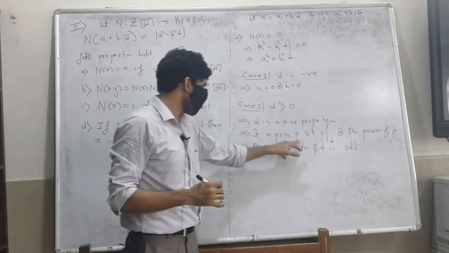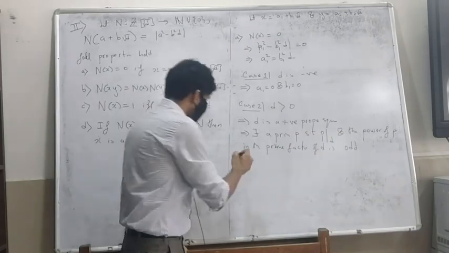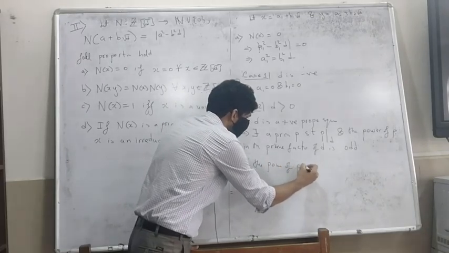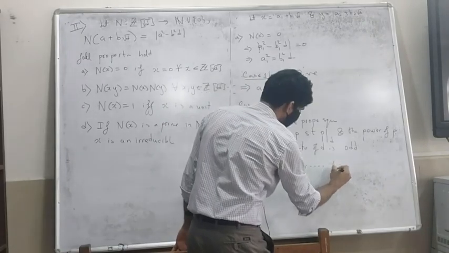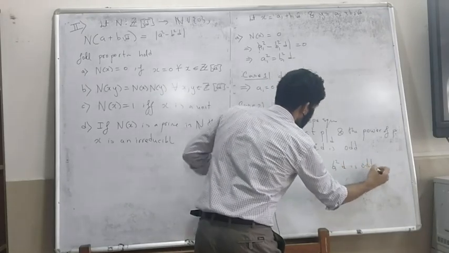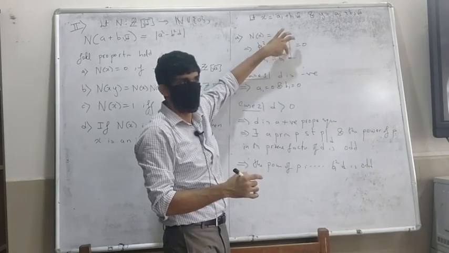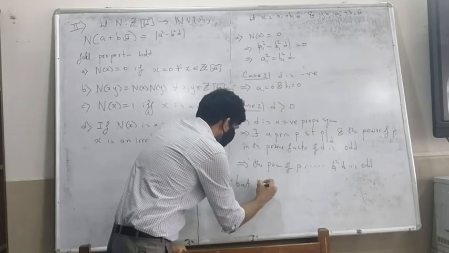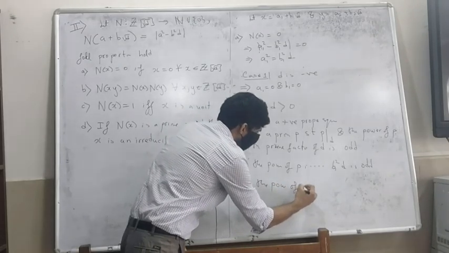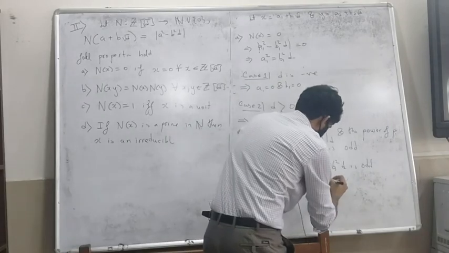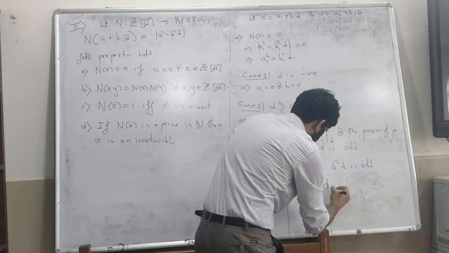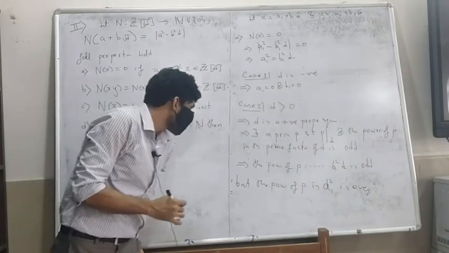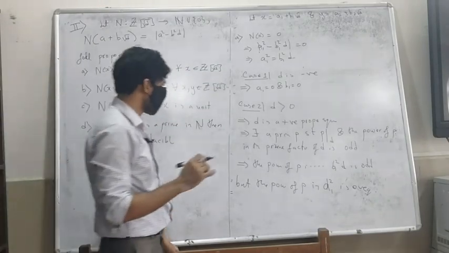Which will mean that the power of p in the prime factorization of b1 squared d is also odd, because this has to be either 0 if p appears here, or it will be this thing. But the power of any prime in a1 squared is even, right? So I should have said something, right?